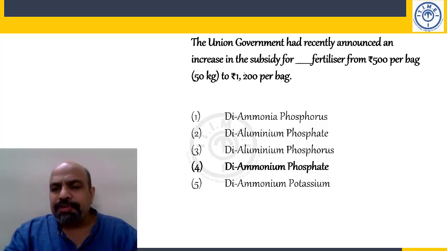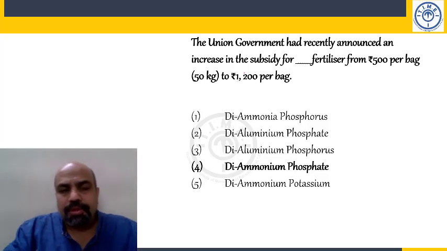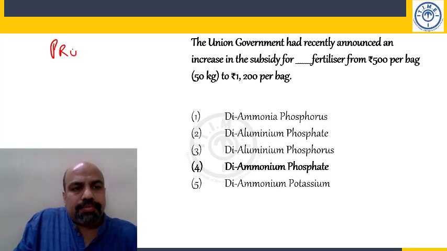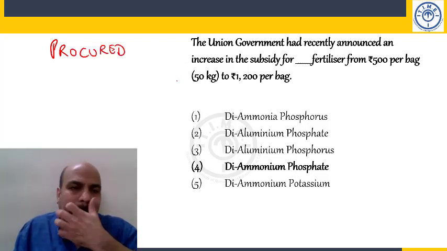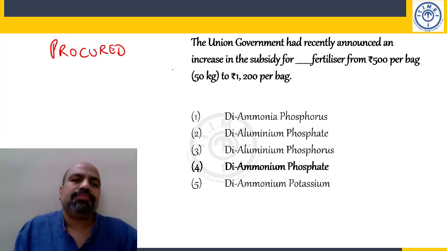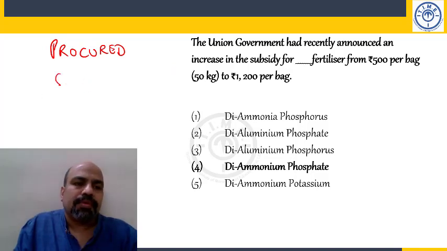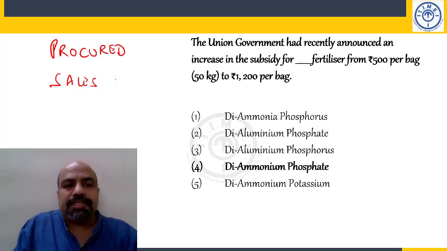Right. Difference between economic cost of food grains procured by the central government, and their sales realization.